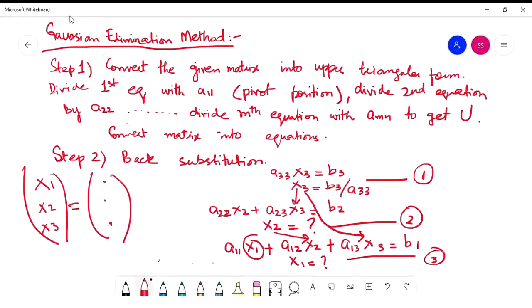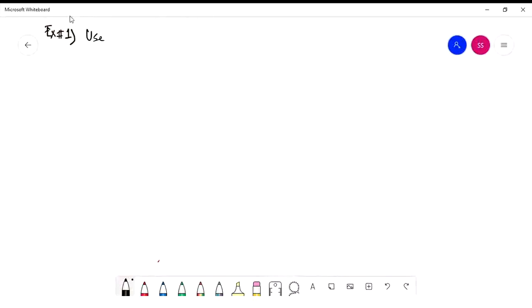The first step is also known as the echelon form, but it is also known as the upper triangular form, so it depends. Basically it is the forward step to upper triangular form, and step number 2 is backward substitution. So use the naive Gauss elimination method to solve the system.